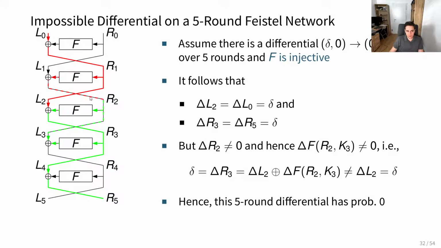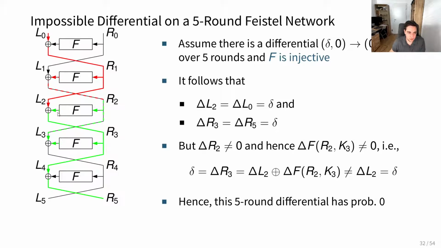But if this difference here is non-zero, then we know that the difference after applying f on this difference, so in this R2 with the third round key, we also know that the output difference, since again f is injective, is non-zero.